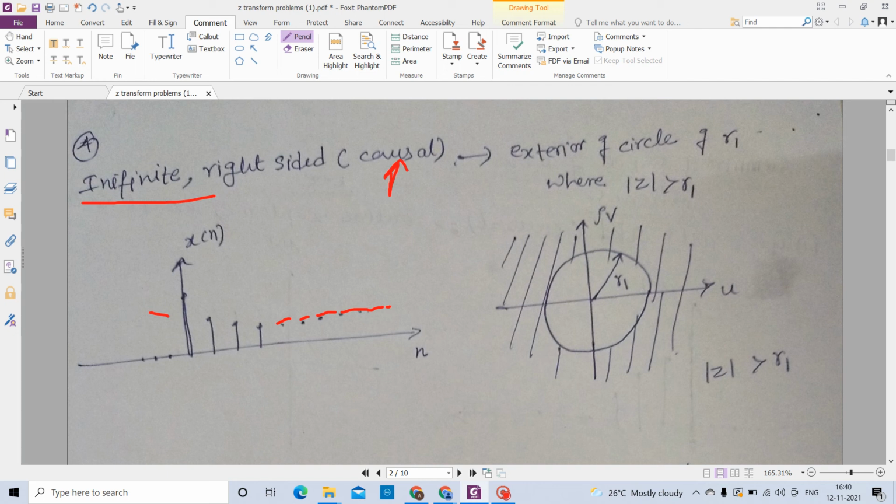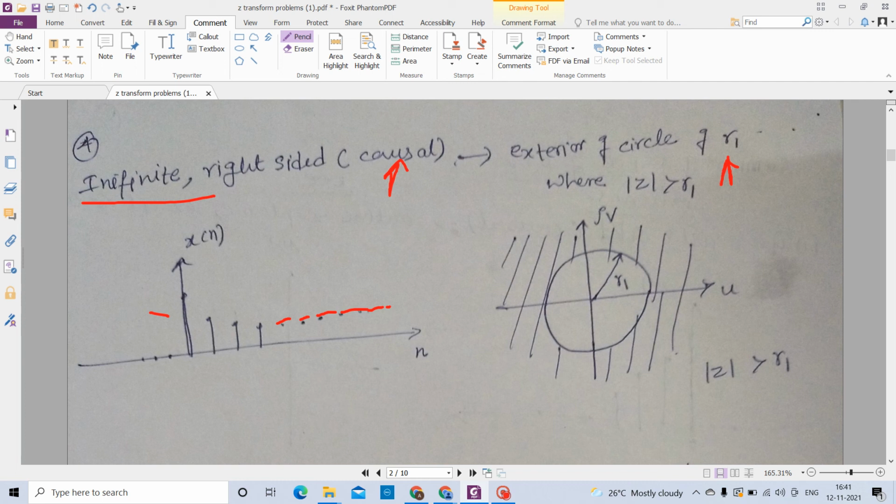This r1 indicates the magnitude, or the radius, of the circle, where the magnitude of z is greater than r1. So the region of convergence occupies the exterior of the circle of radius r1.